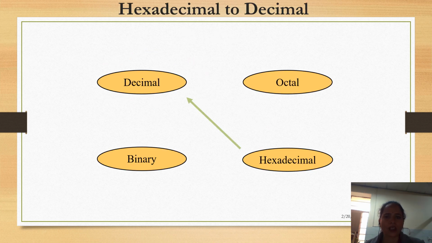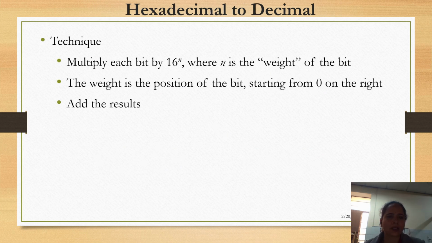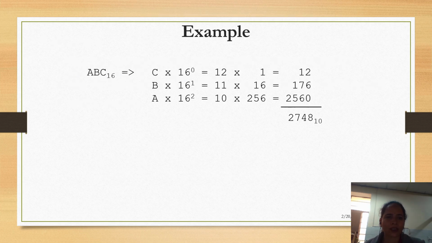Now hexadecimal to decimal conversion. Hexadecimal means multiply each bit by 16 to the power n. Say the value is ABC. In the case of hexadecimal representation, the range of hexadecimal is 0 to 9 and A to F, where 0 to 9 are the same integer numbers, A represents 10 and F represents 15.